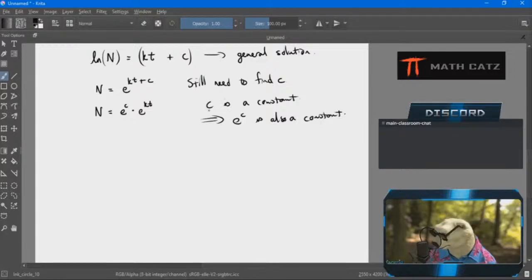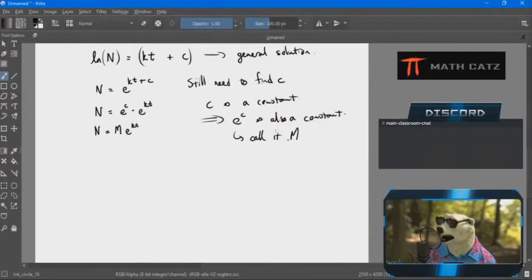So whether I try and find a value for c or e to the c, it doesn't really matter as long as I find one of them. So just so it's a little bit nicer, let's call it m or something. Doesn't matter. Some books I've seen use an m, so let's use an m.